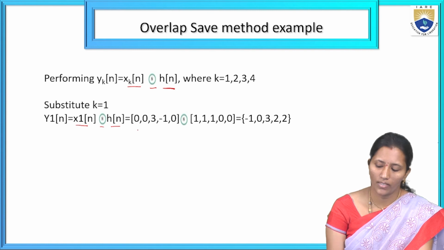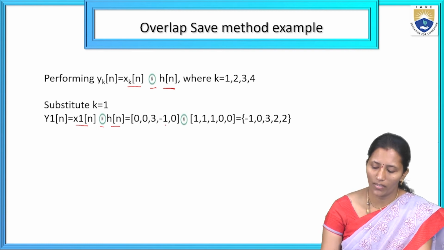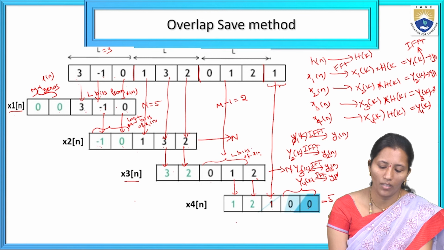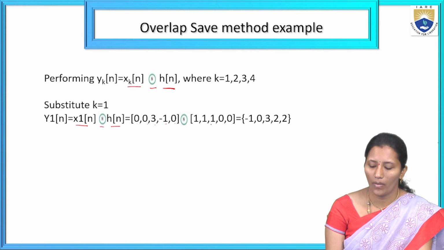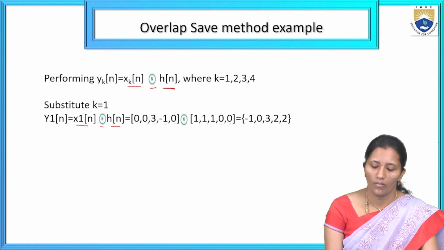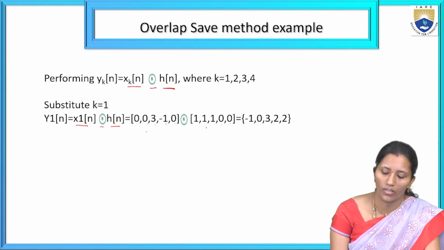The x1 of n samples in the first block are 0, 0, 3, minus 1, 0. H of n is 1, 1, 1, and we have to add L minus 1 zeros, so 0, 0. So we have to perform the circular convolution for that.